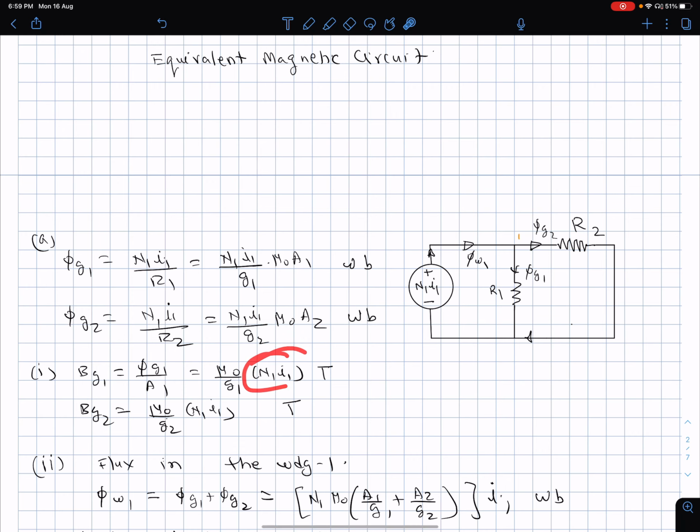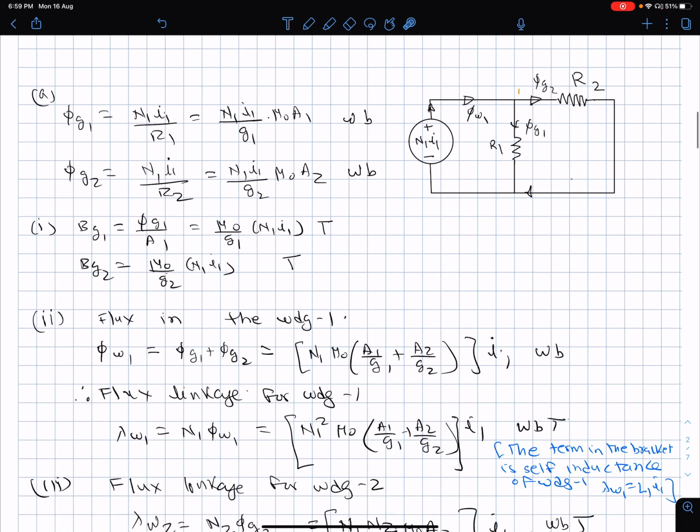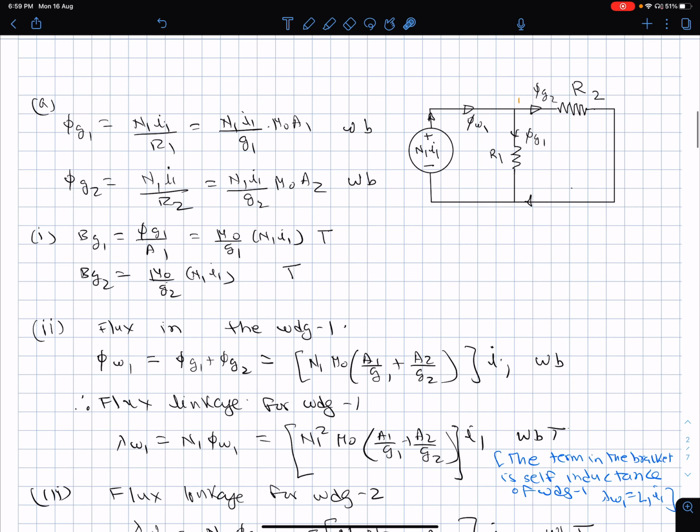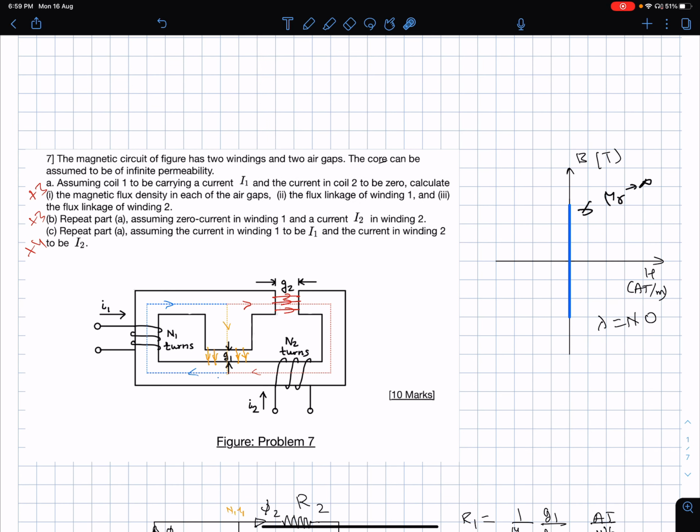Similarly, flux density Bg2 is going to be equal to mu 0 by G2 into, again, the same MMF N1 I1 being applied across it. So does that cover the question: assuming coil 1 is carrying a current I1 and current I2 is 0, calculate the magnetic flux density in each of the air gaps.